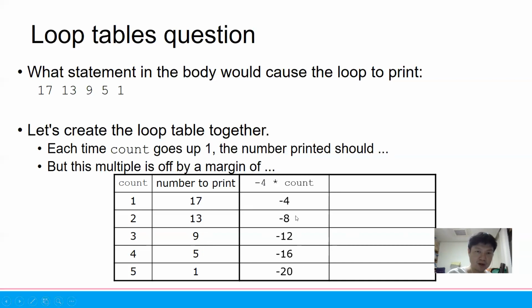But before that, we need to have count equals 1. So here is 1, 2, 3, 4, 5. Then I will make -4, -8, -12, -16, and -20. And the final step is, how can we reverse back the number? So we have -4. How can we reverse this number? So yeah, we just add the value 21.